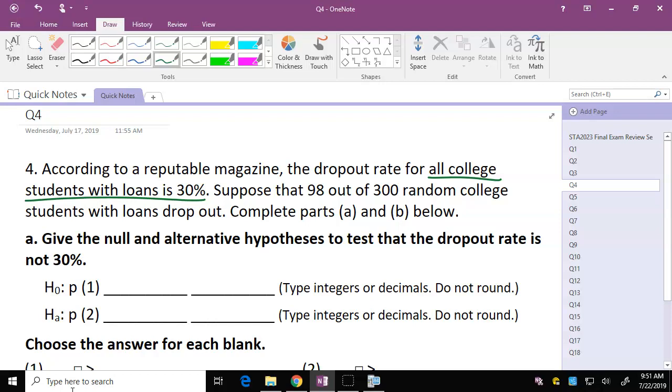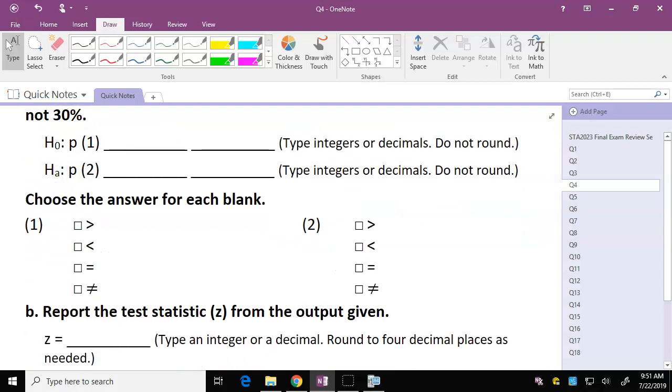So what's in the first blank, though? Remember, you've got a choice here. Is it greater than, less than, equal to, not equal to? Equal to. Your null hypothesis, your H naught always has equals. And then what's it going to be over here? What's your number? 0.3. Good. Because we never put it in as the actual percent. It's the proportion. So that's 0.3.